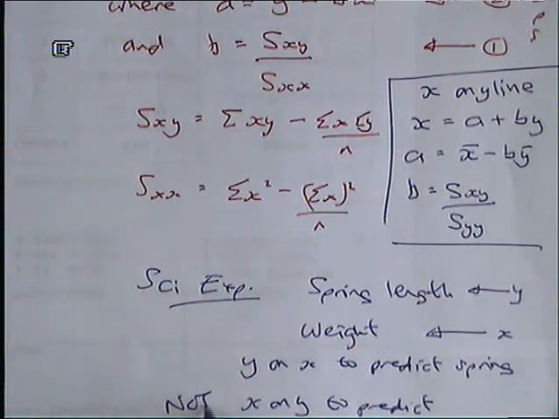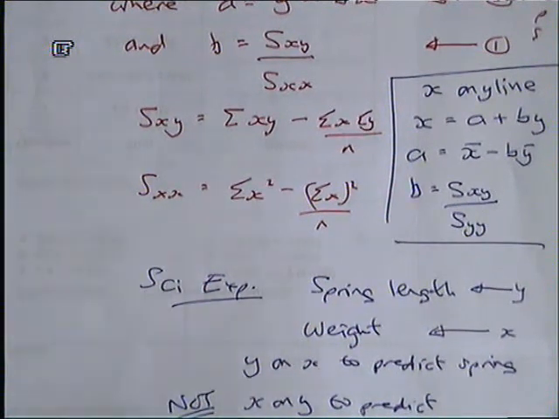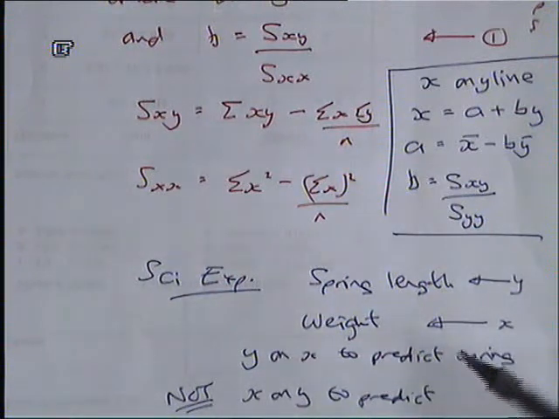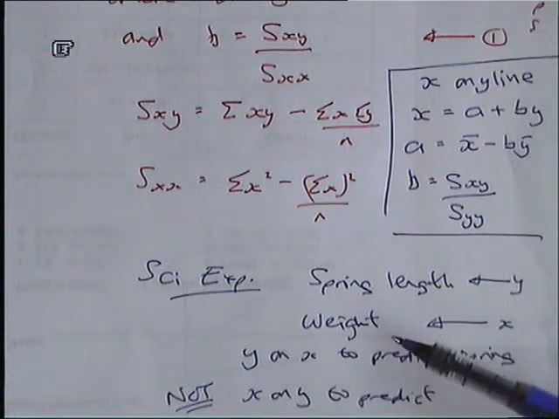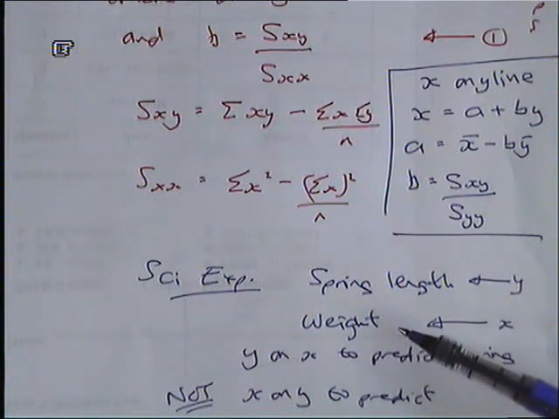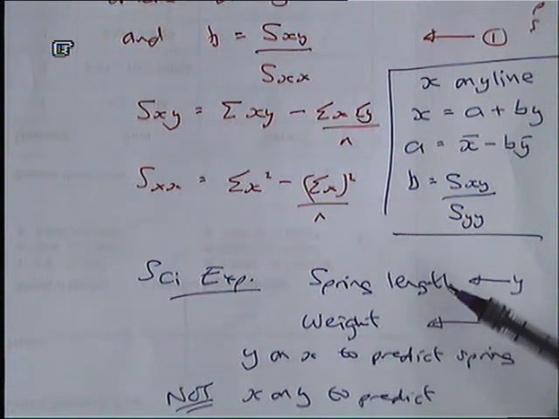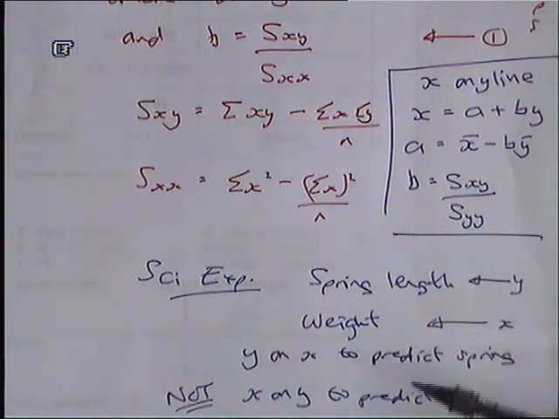That should not be done, and the reason is you should never use a regression line to predict something that you've actually been controlling all along. You should only ever use a regression line to predict something with variability and variation in it.